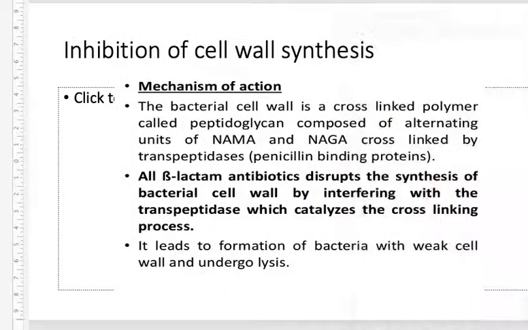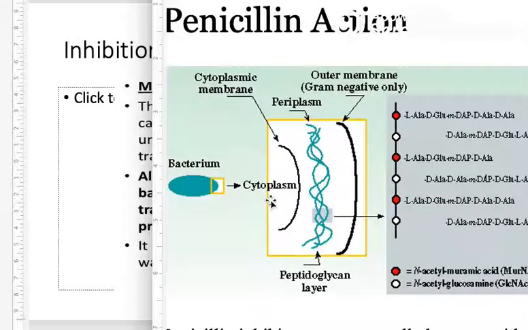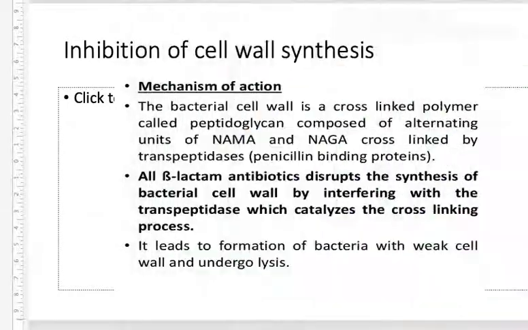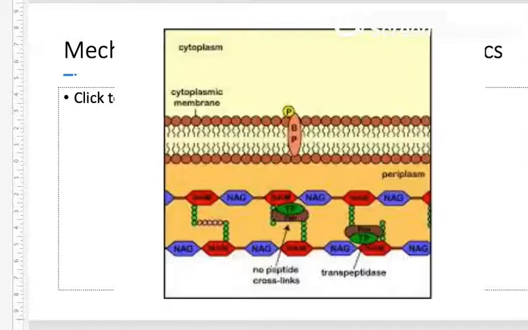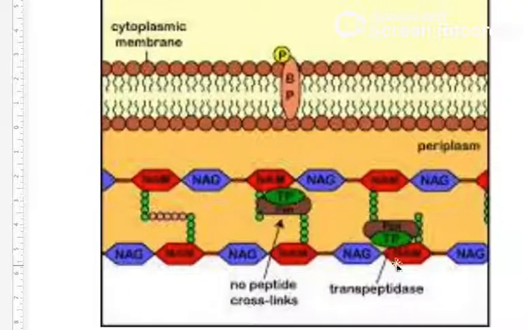The peptidoglycan layer is formed with the help of an enzyme. The enzyme is called the transpeptidase. In this diagram, there is transpeptidase.